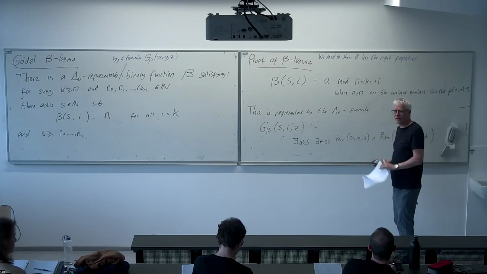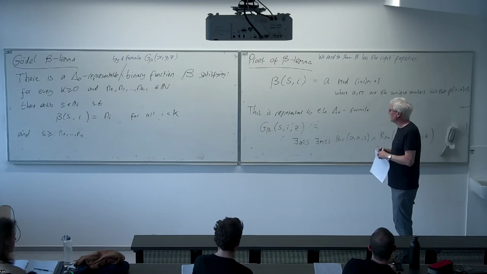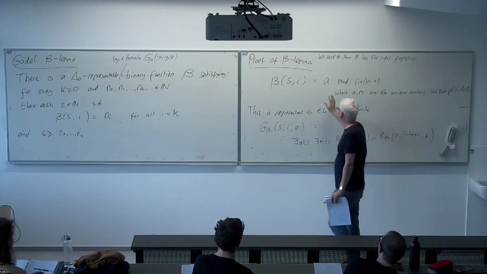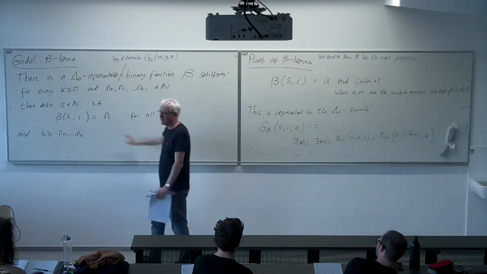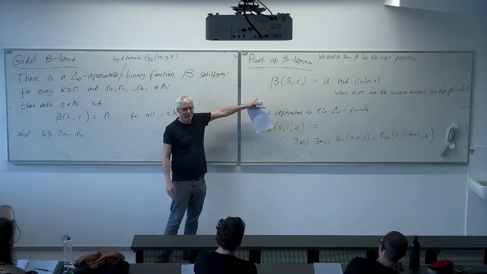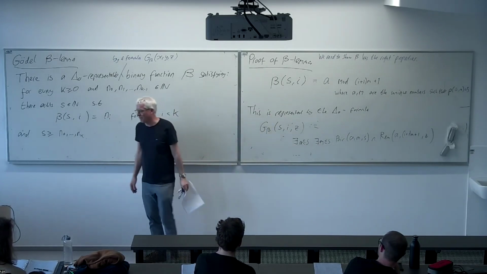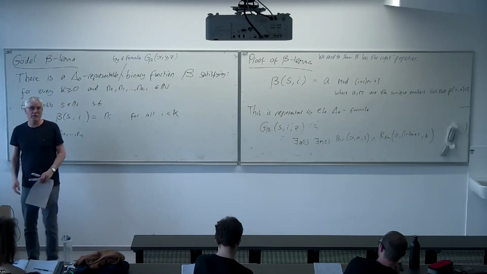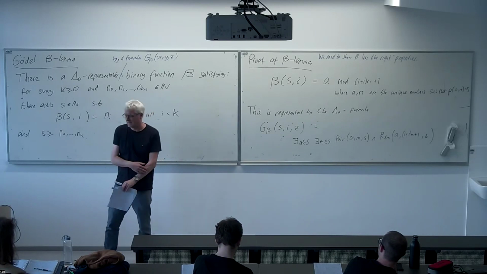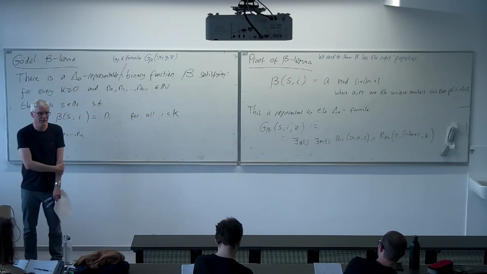If you want to, over the break, you can try to think for yourselves about why this function enjoys this kind of property, why this is an appropriate way of coding the sequence. Good. So by the clock on the back wall, it's 7 minutes to. So we'll start at 8 minutes past. Okay. Are there any questions?